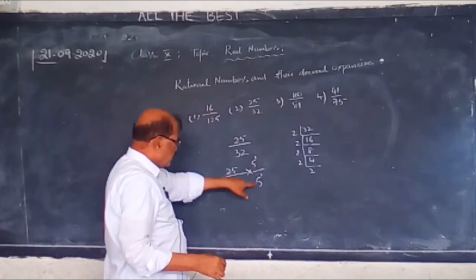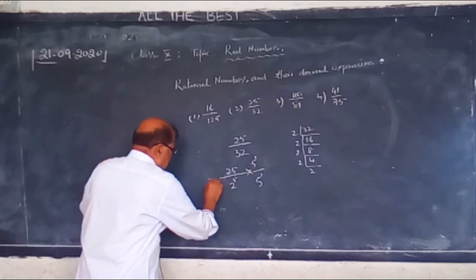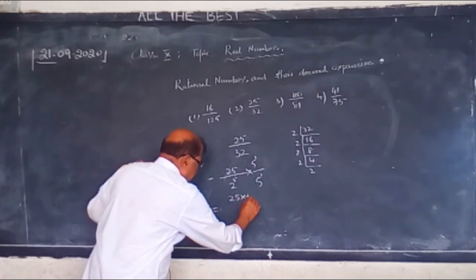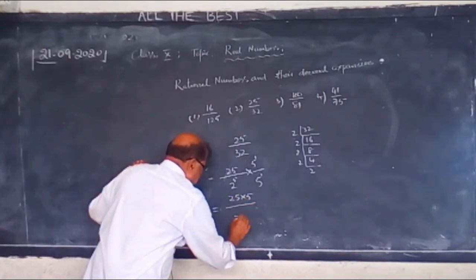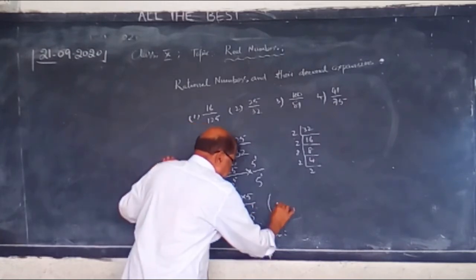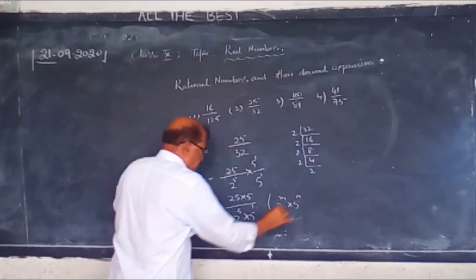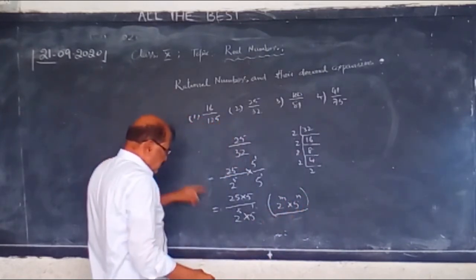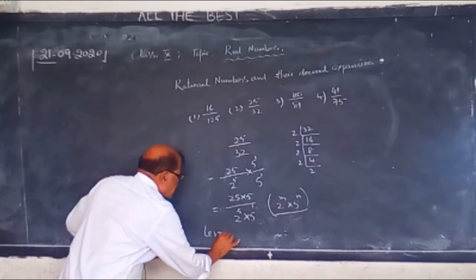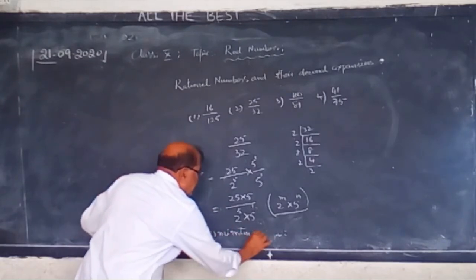By multiplying the numerator and denominator with the same number, the value of the fraction does not change. Now this can be written in the form of 25 into 5 by 2 to the power of 5 into 5 to the power of 1. So here you are finding the 2 to the power of m into 5 to the power of n form. So it is a terminating decimal.